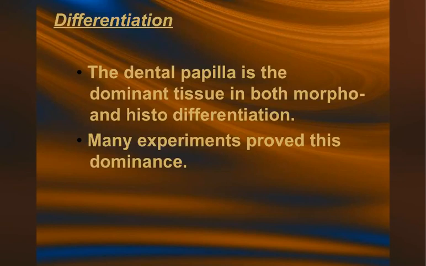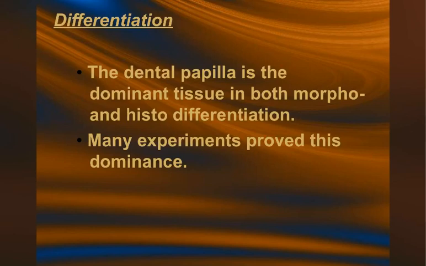Differentiation. The dental papilla is the dominant tissue in both morpho- and histodifferentiation, and many experiments proved this dominance. The experiment used to prove this was to put the dental papilla of a posterior tooth and the enamel organ of an anterior tooth together and see what the outcome tooth will be.